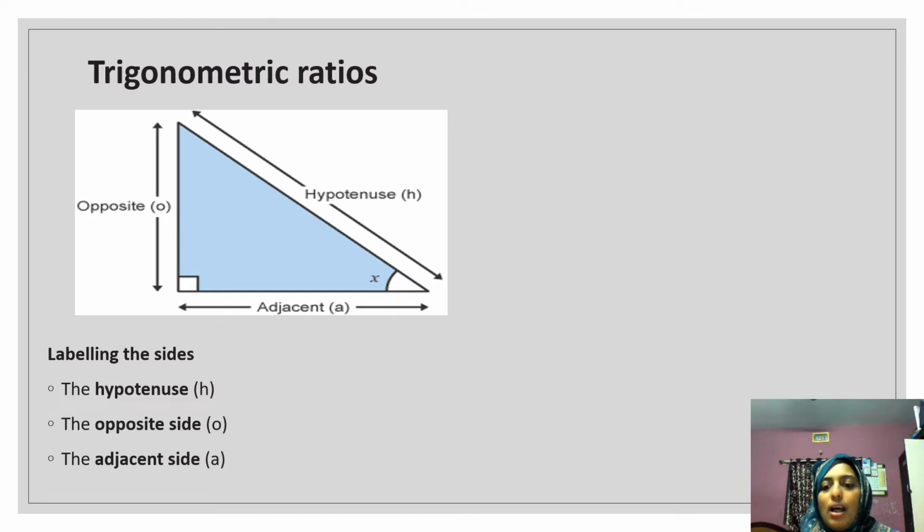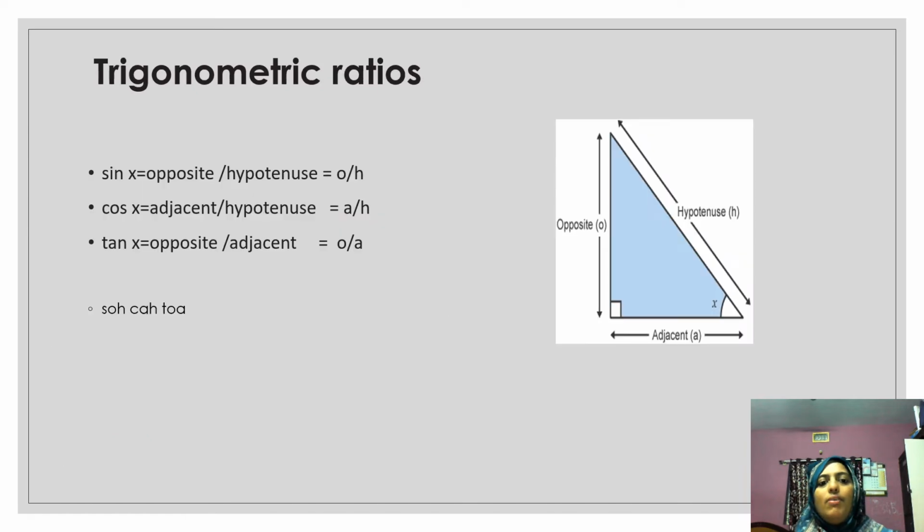Then with respect to the acute angle, the angle which is less than 90 degrees, so with respect to the acute angle x, we can decide what is the opposite side and what is the adjacent side. The opposite side is opposite to the angle x and the adjacent side is next to the angle x.